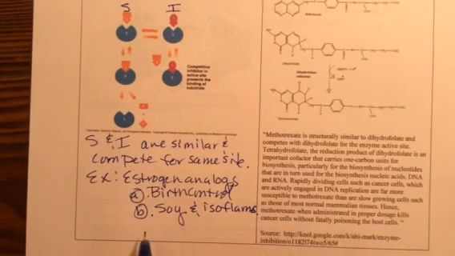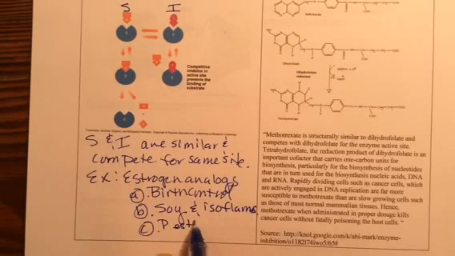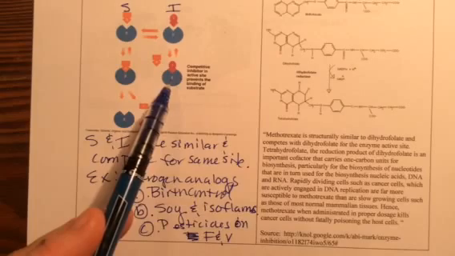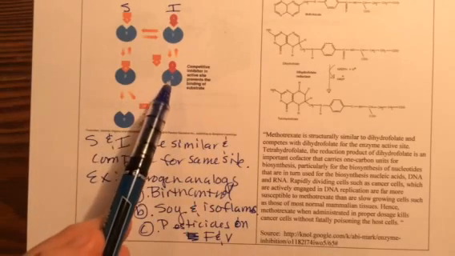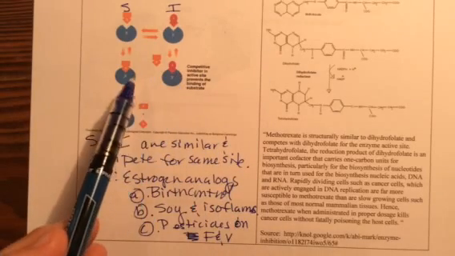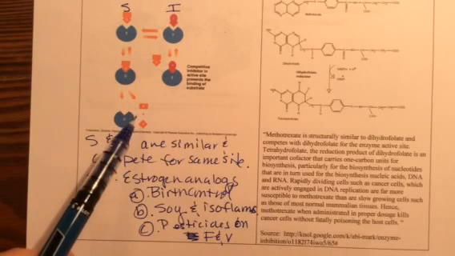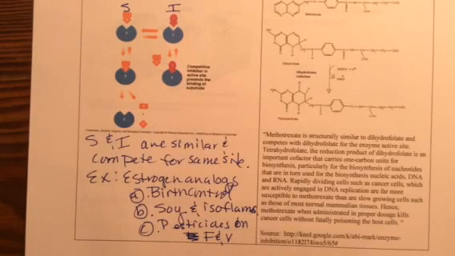And unfortunately, they also come in the form of pesticides that we typically get on fruits and vegetables. Now, the good news here is that this is reversible, and once the inhibitor diffuses away or is otherwise removed from the enzyme, then the normal substrate can bind and we get our products that we want and the reactions go forward.